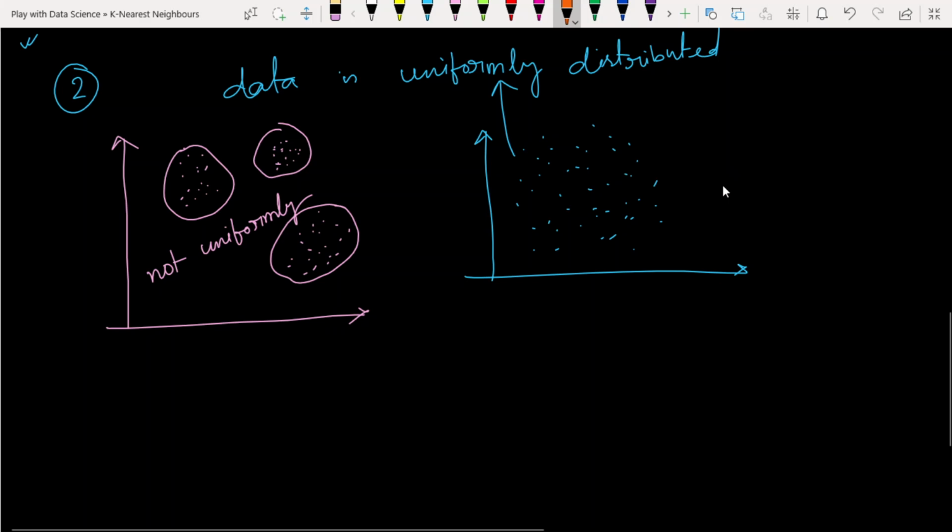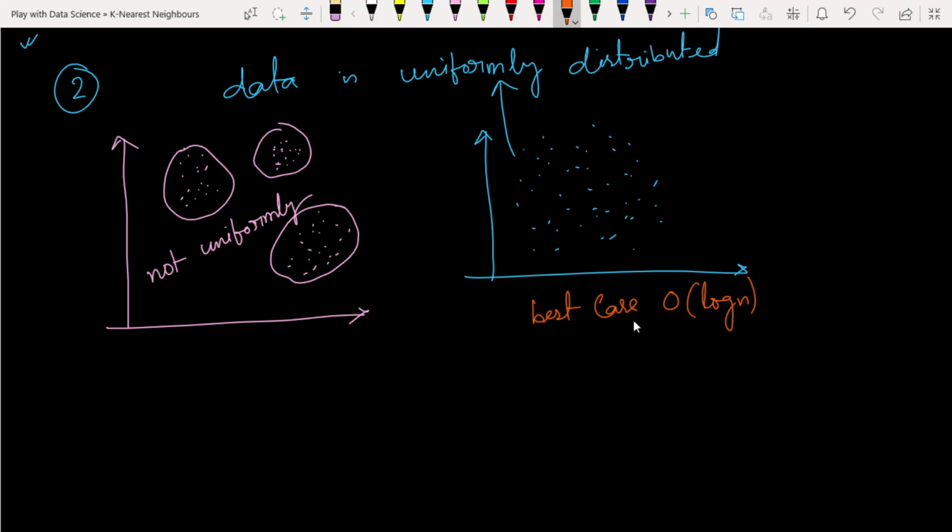If your data is uniformly distributed, then in the best cases our time complexity is order of log n.